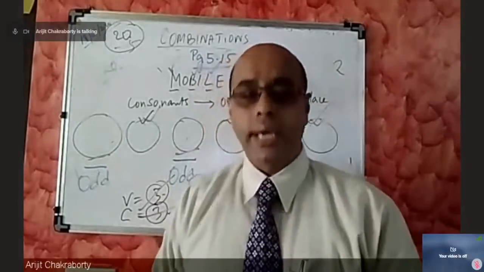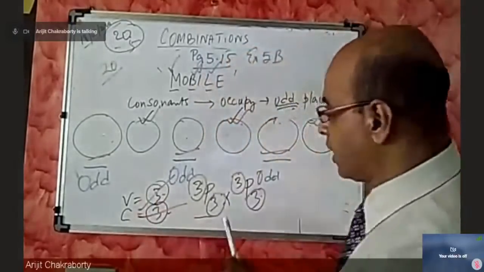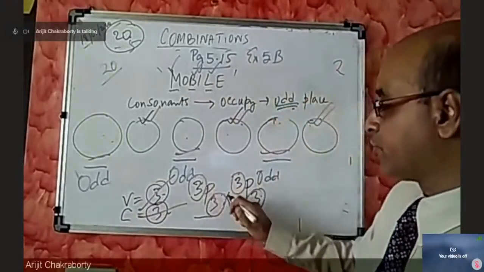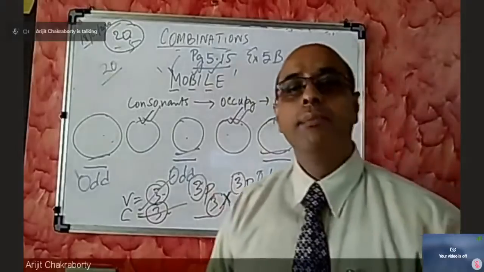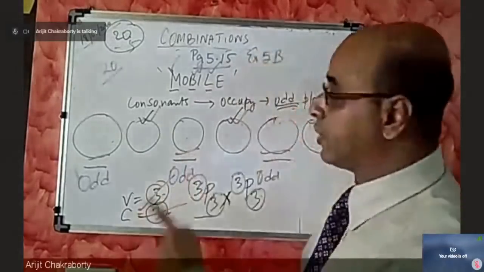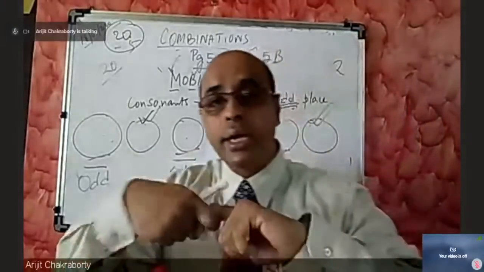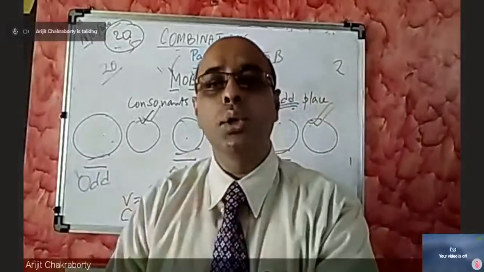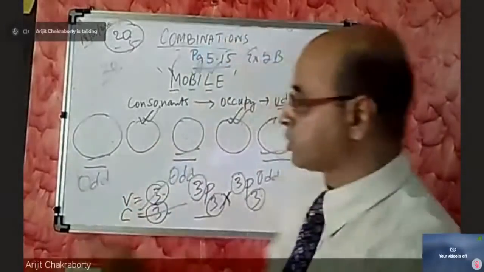In this case you can see we are applying the multiplication formula because we are multiplying 3P3 by 3P3. Why? Because there are events which are linked with each other. Event number 1: placing the consonants in the odd positions.